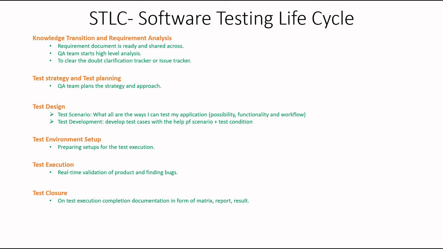So there will be a complete mapping from the requirement to the test cases to the execution. Then we will have some report documents and result documents, all of which we will keep handy, and we will make some documentation so that we can say that we have completed our execution. So this is the final step, basically a documentation step as far as the software testing lifecycle is concerned.